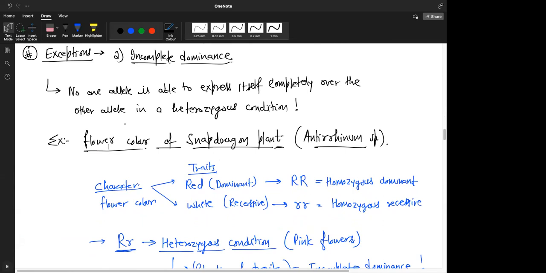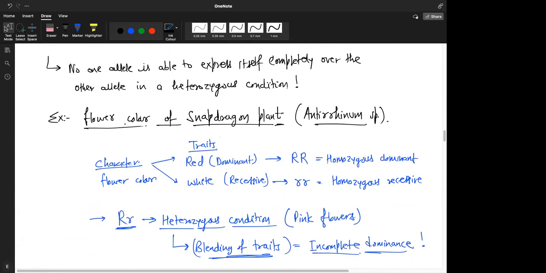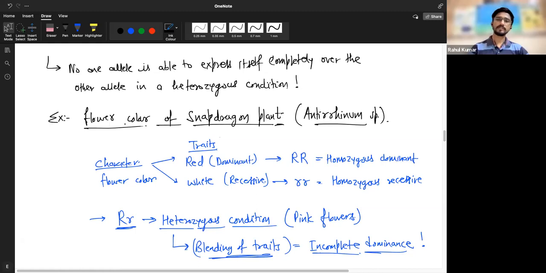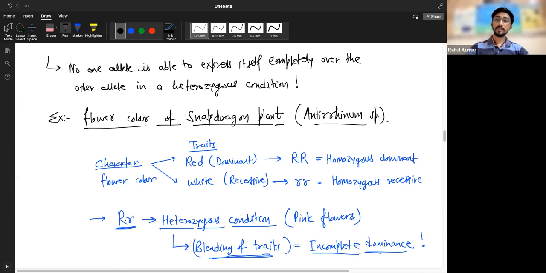Then we did cross breeding. We have 3 possibilities: homozygous dominant, homozygous recessive, and in a heterozygous condition, instead of showing a dominant trait, it shows a blending. It shows an intermediate trait, right?